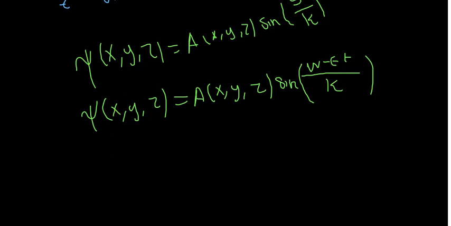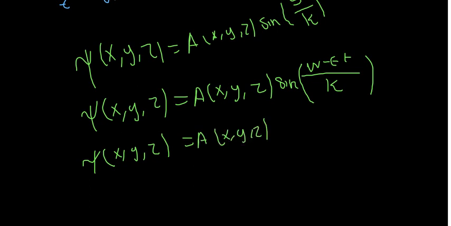So this tells us that psi as a function of x, y and z is going to equal A as a function of x, y and z. From now on, I won't be writing x, y and z, just space and time. Sine of W over k minus E over k t, right?